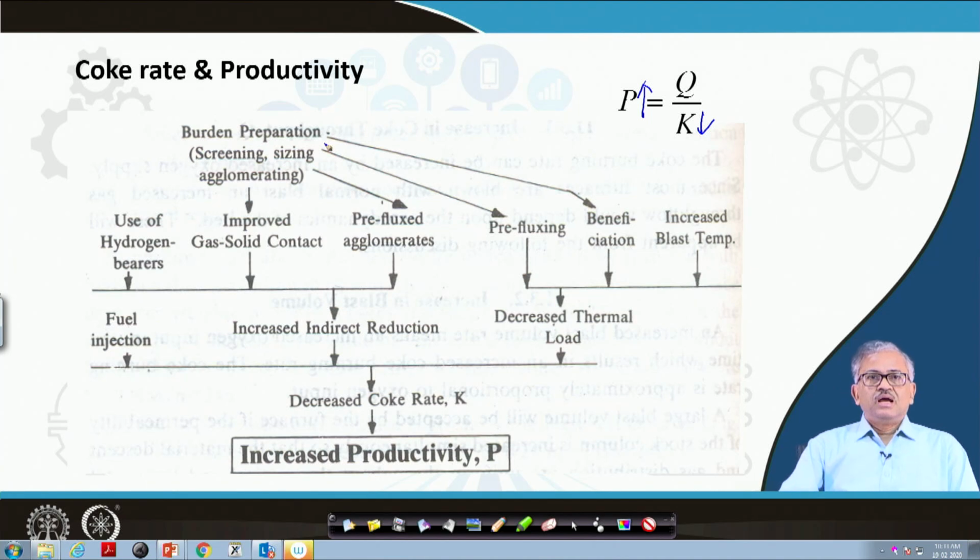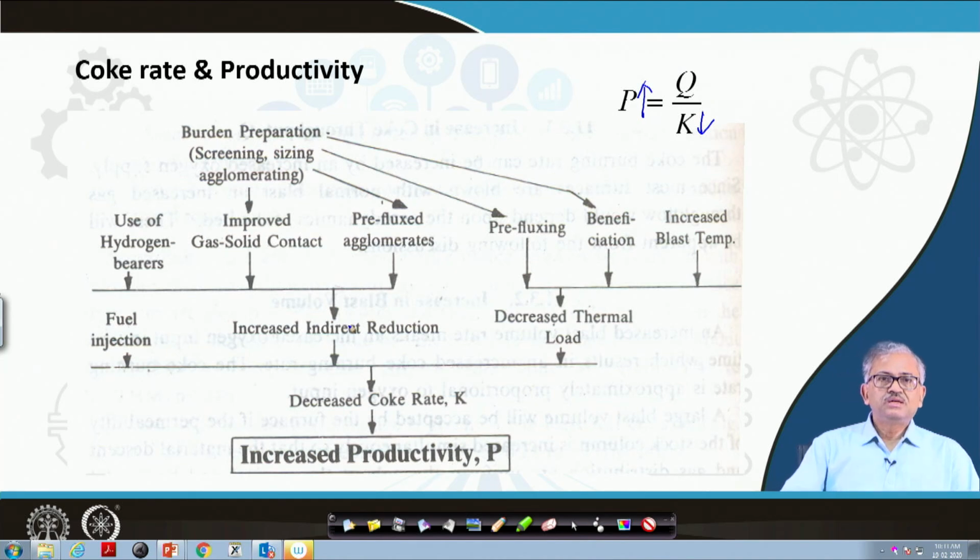And what are the other parameters that you can find? The prefluxed agglomerate also increases the indirect reduction. Now you can see this is the decrease in the thermal load. Obviously, if you can decrease the thermal load, you can decrease the coke rate, because a thermal load decrease means less coke is required to generate the heat, right?